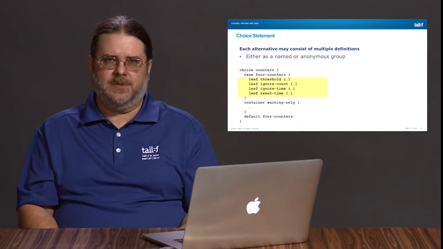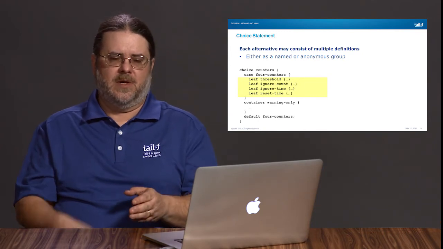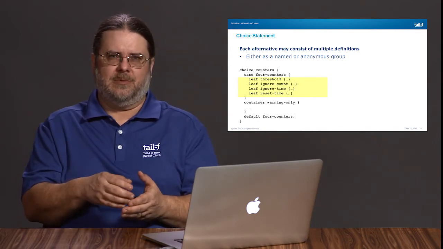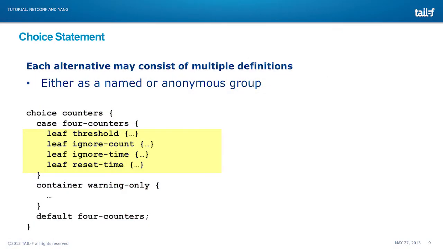Now, sometimes when you're using choice, you don't have a case of a simple single data item like we saw with the threshold. Here we see an example of adding the case statement to the choice statement.